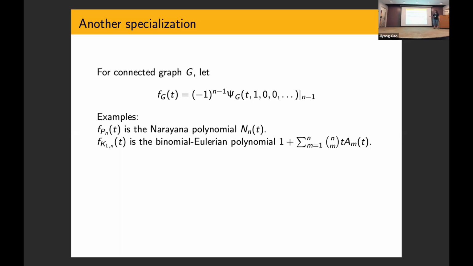This one is the H polynomial of the associahedron, which is the graph associahedron of the path. This one is the H polynomial of the graph associahedron of the star graph, which is the stellohedron.